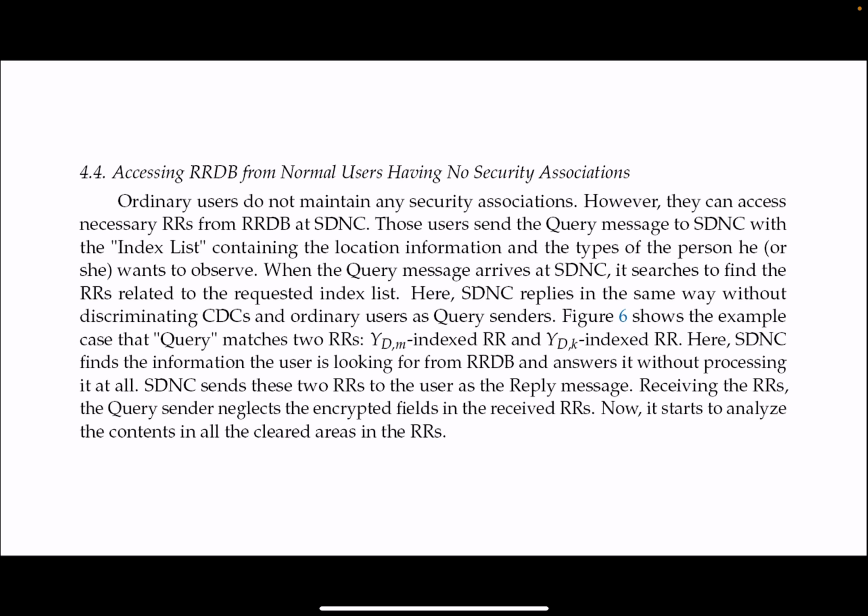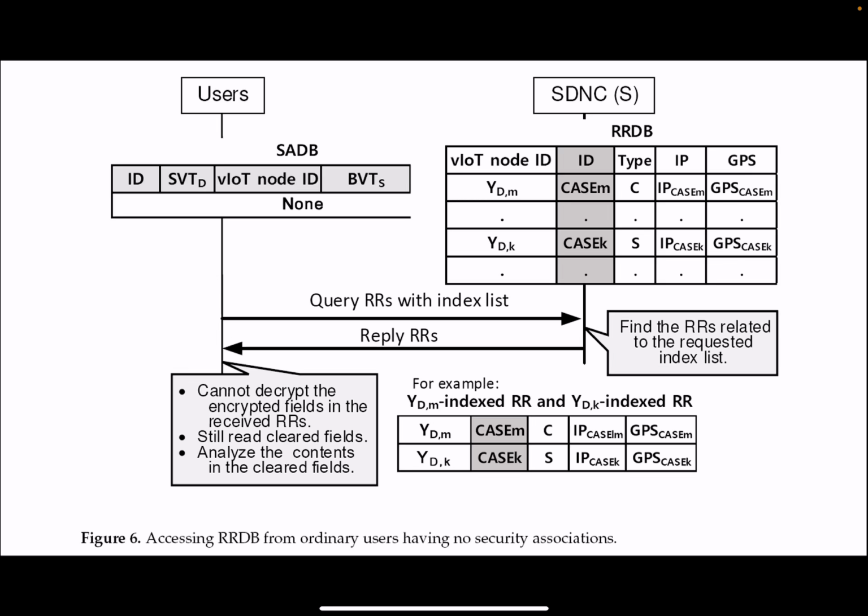Now it starts to analyze the content in all clear areas in the RR. This shows the figure of accessing RRDB from an ordinary user having no security associations.